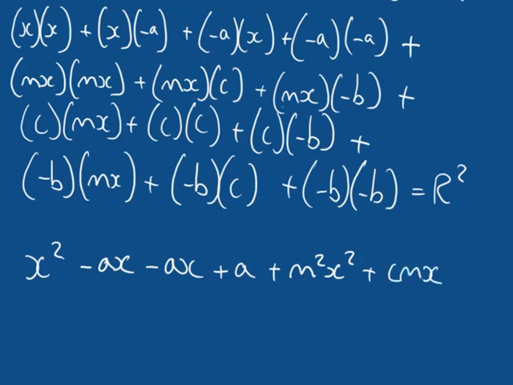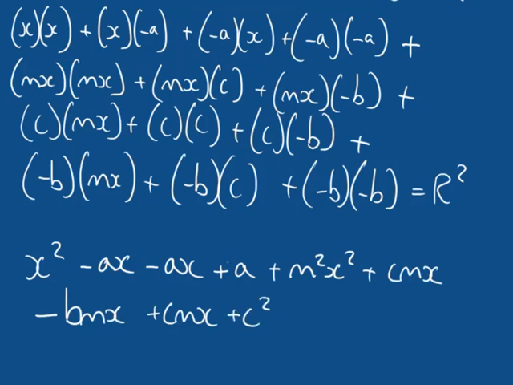We're then going to add to that mx times minus b. That means we're actually going to subtract bmx. We're then going to add to that c times mx, so cmx. Notice because of the way we're now ordering these alphabetically, I can see these are the same, which means eventually we're going to have two of those. So plus cmx plus c times c is c squared.